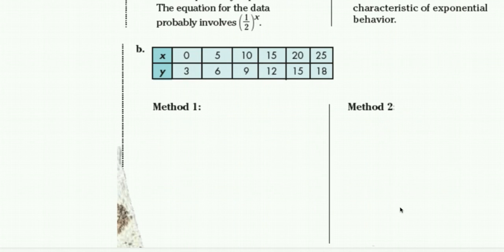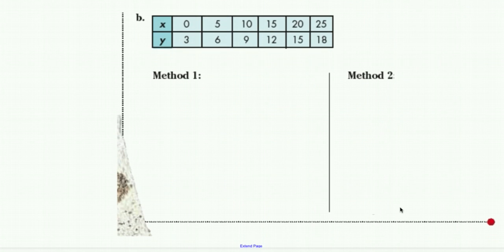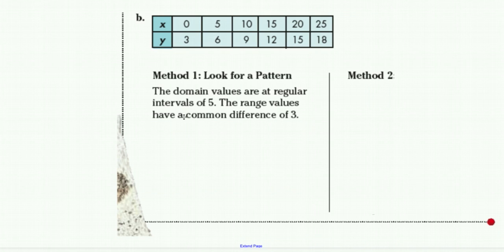Let's take a look at letter B and see how this works for this example. You have 0, 5, 10, 15, 20, and 25. Again, method 1 is looking for a pattern. Look at our domain values. The domain values are regular intervals of 5: 0, 5, 10, 15, 20, 25. No problem there. The range values have a common difference of 3, but they do not have a common factor.